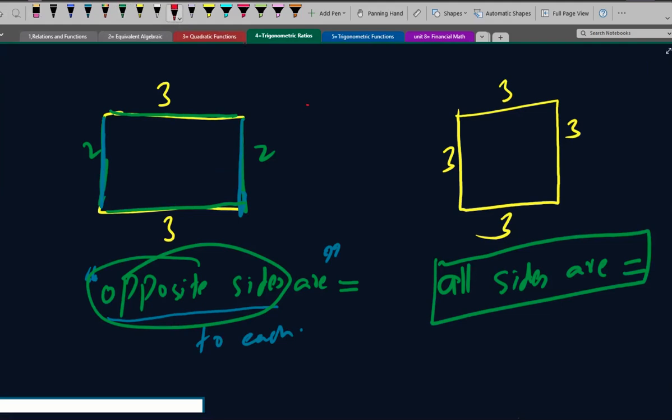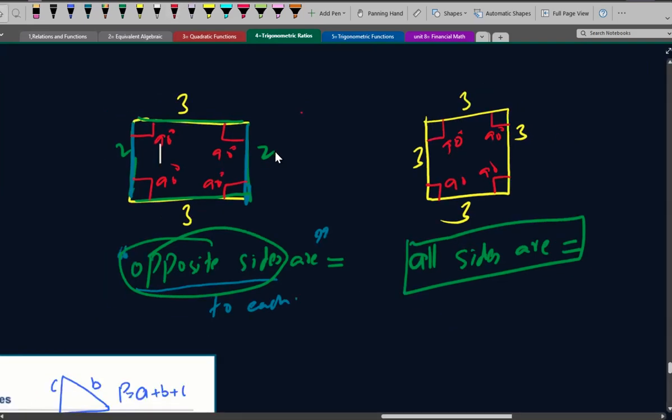Let's see about the angles. Now you need to tell me the difference between these two diagrams in terms of angles. What's the difference in terms of angles between a rectangle and a square? They both consist of right angles. Perfect, wonderful.